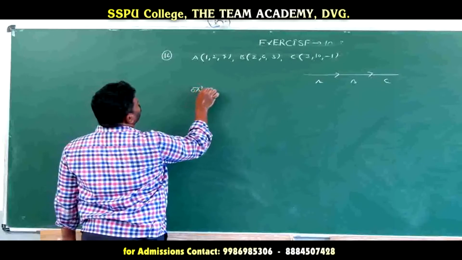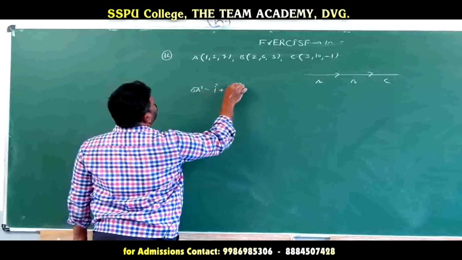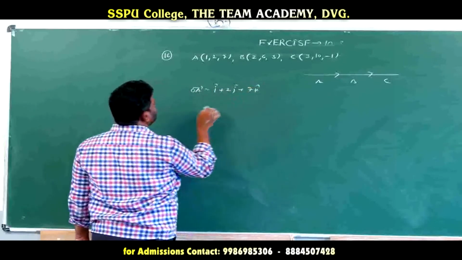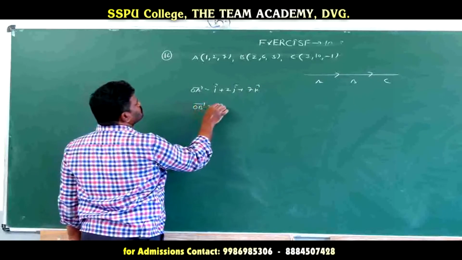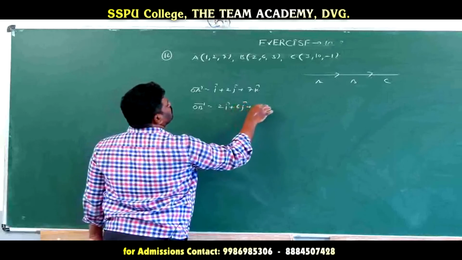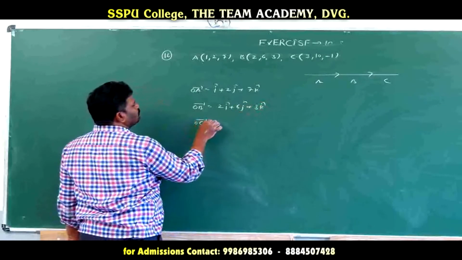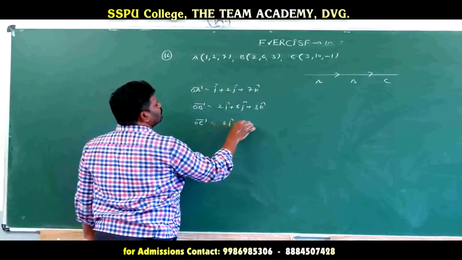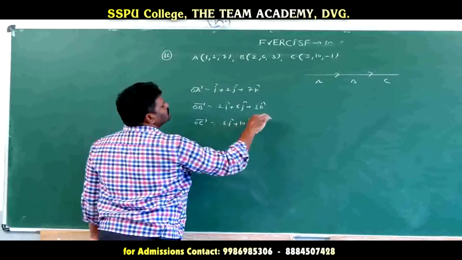OA position vector is equal to i cap plus 2j cap plus 7k cap. OB position vector is 2i cap plus 6j cap plus 3k cap. OC vector is equal to 3i cap plus 10j cap minus k cap.